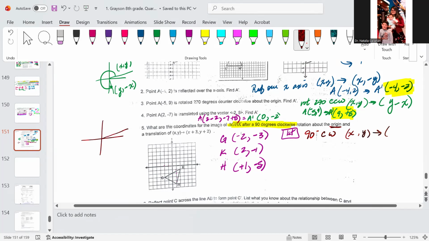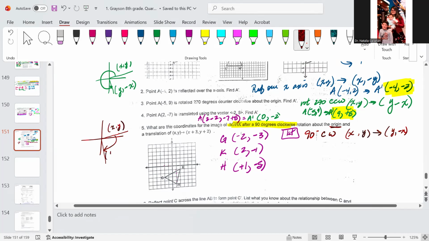It's clockwise. Okay, wait, clockwise 90 degree. Y and negative x. Y negative x. It's y negative x. Yeah. So this is x, y.